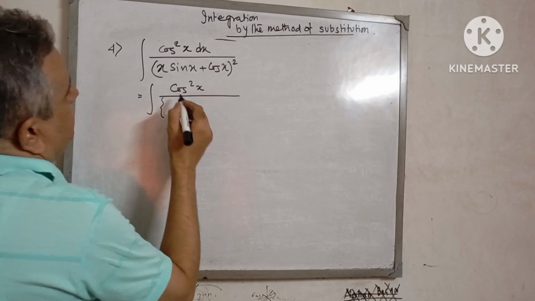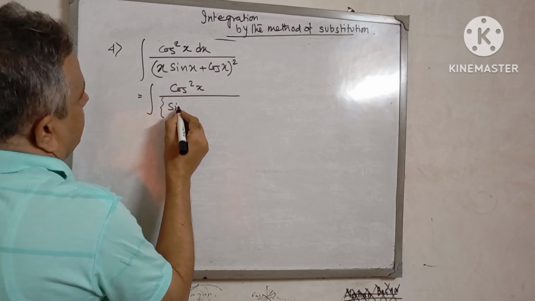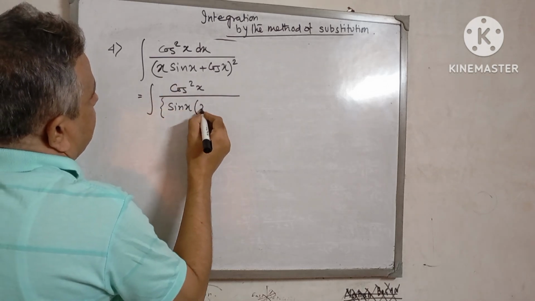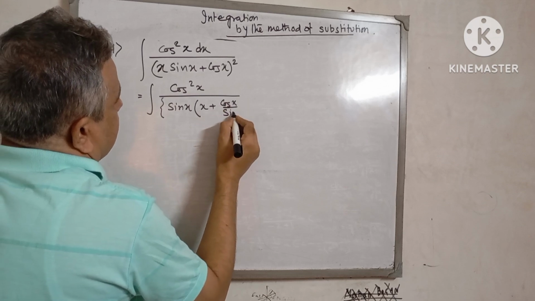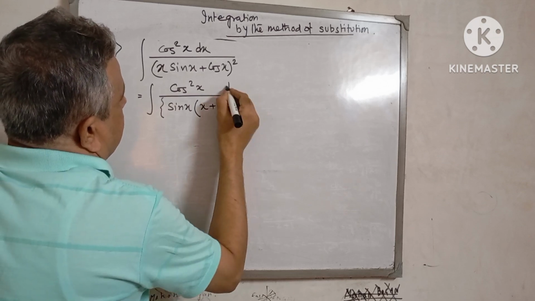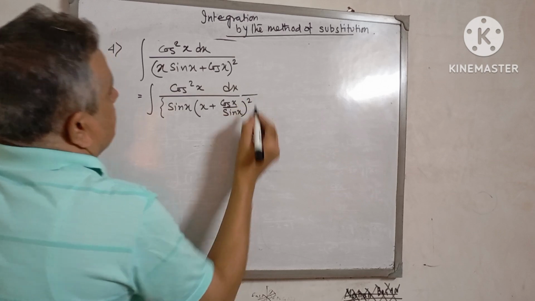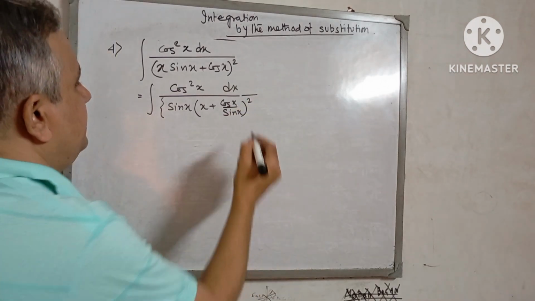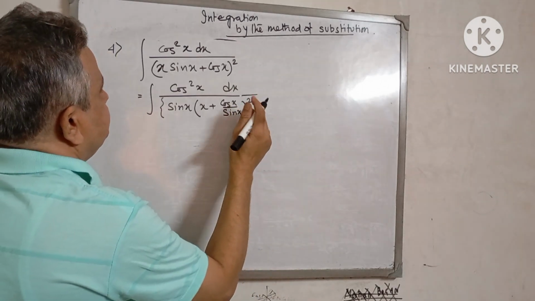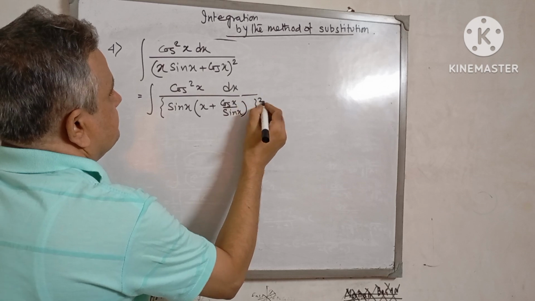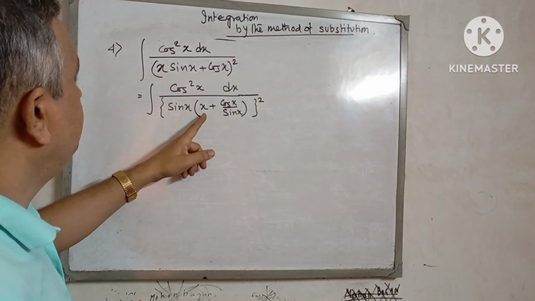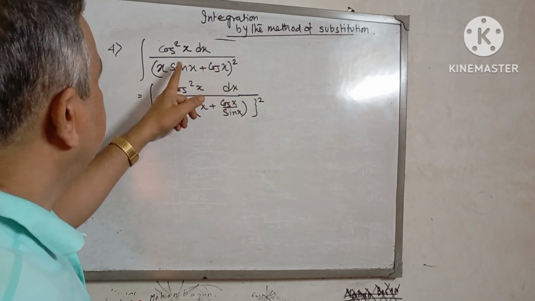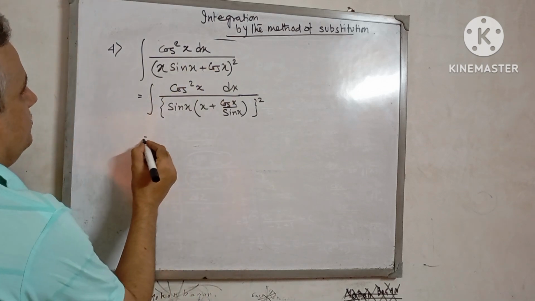We have taken common sin x from here, so it becomes x plus cos x by sin x.